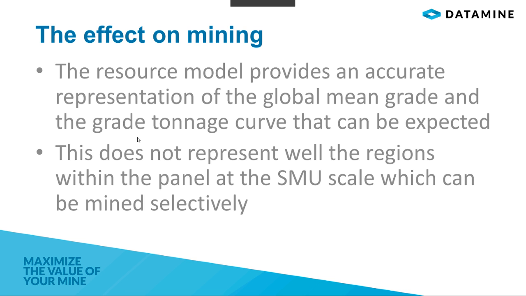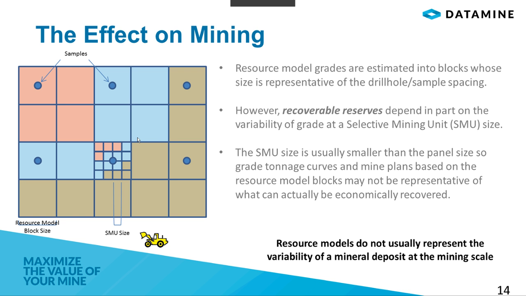If you look at this diagrammatic, we have got samples represented by the blue dot, and then we've got the large pastel shaded squares, which kind of represent the grades that have been estimated in blocks. Block is roughly half the space.